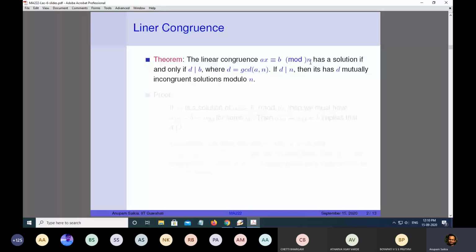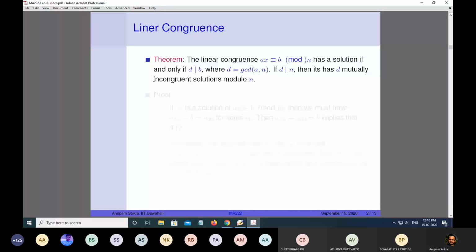So if 1 is a solution, that will automatically mean 7 is a solution. We'll be interested whether 4 is a solution, but whether 7 or 13 is a solution will not be interesting, because they are the same mod 6. So we want solutions which are incongruent modulo N.